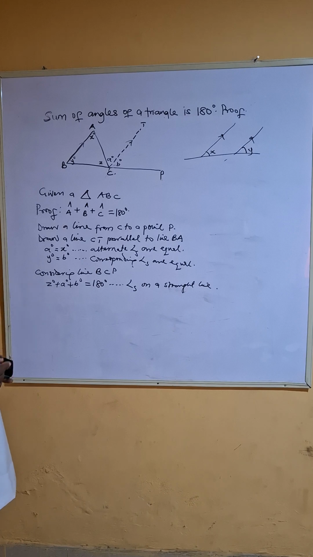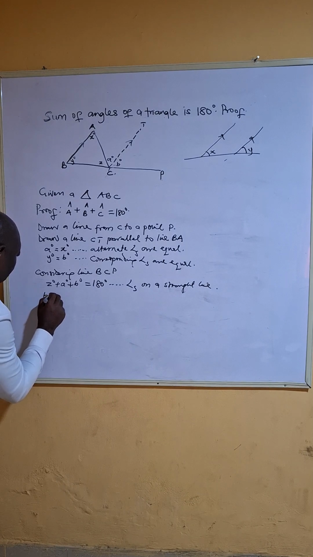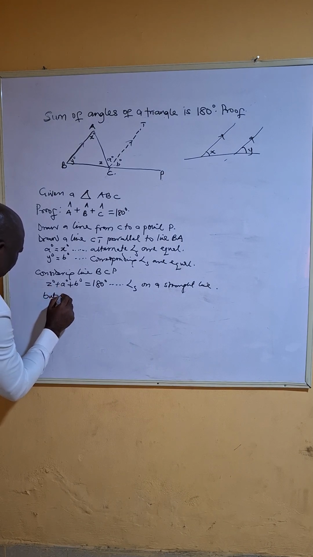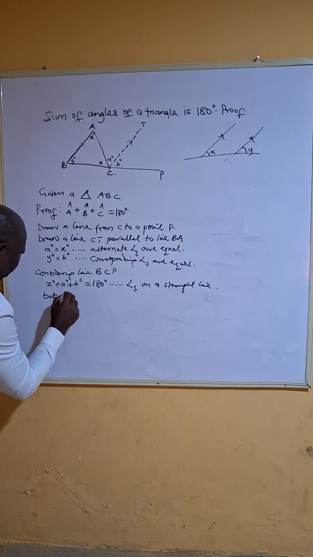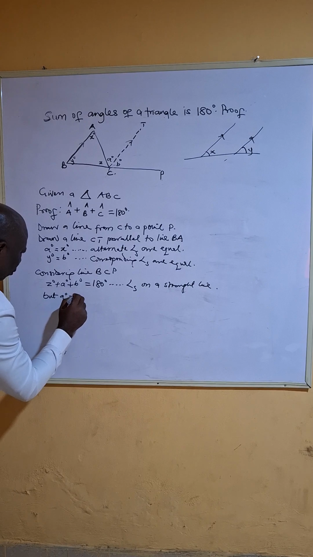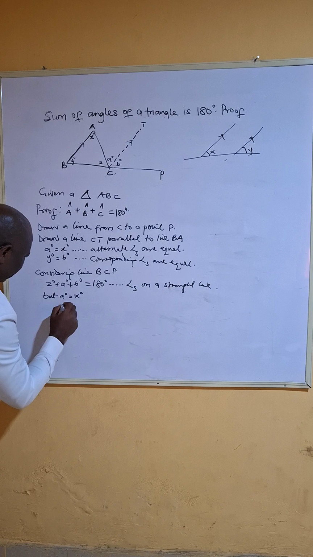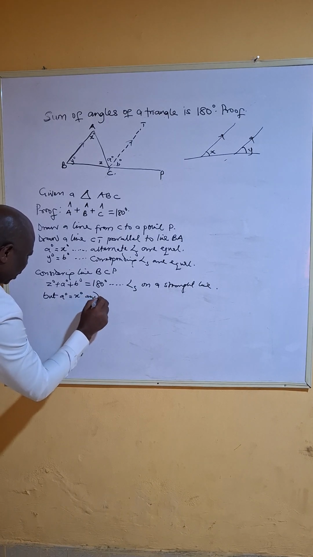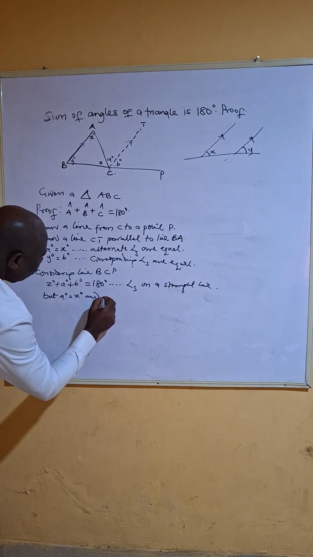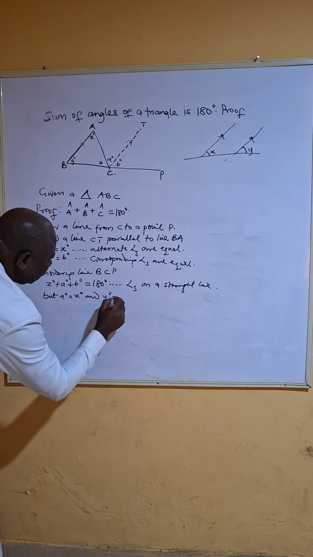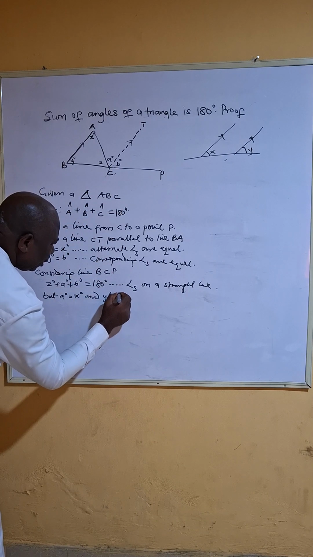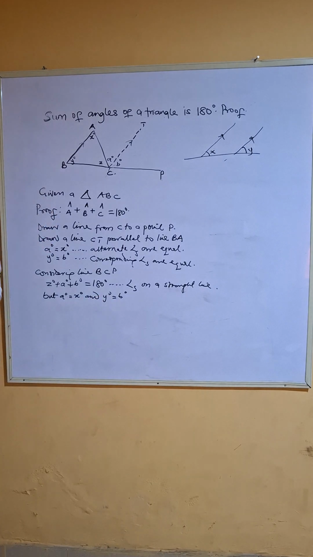You can now conclude. You will see that we have almost arrived at our answer. You can say, but A degrees is equal to x degrees, and y degrees is equal to b degrees.